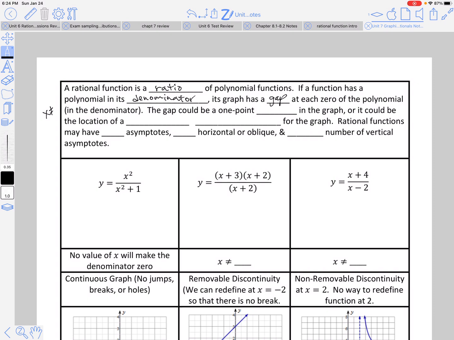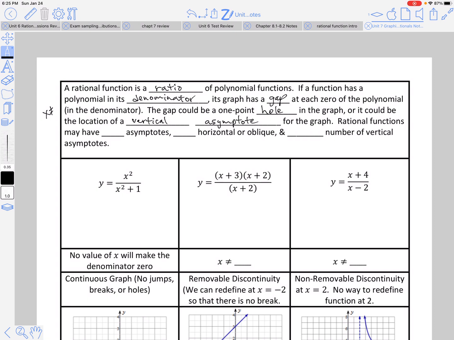This gap could be a 1-point hole. Sometimes it's just a hole. Or it could be like a whole line, basically, and we'll talk about that. Or it could be the location of a vertical asymptote. And an asymptote is kind of like a gap in the graph, but the graph will basically follow that, and I'll explain that in a second.